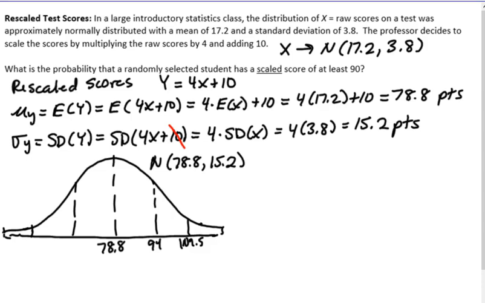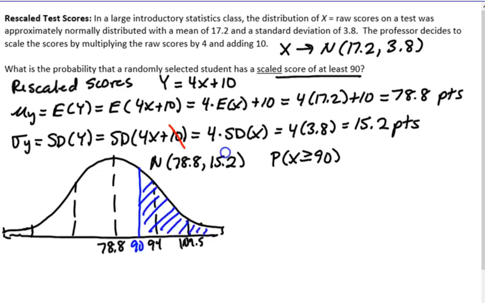I'm not really interested in the other ones because I'm interested now in the probability that y is greater than or equal to 90 points, because that's what it's asking me here, the rescaled score. So 90 would be about right here maybe. So here's 90. I'm doing this just to remind you what this would be.